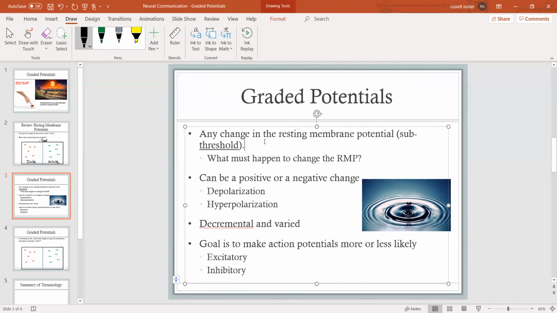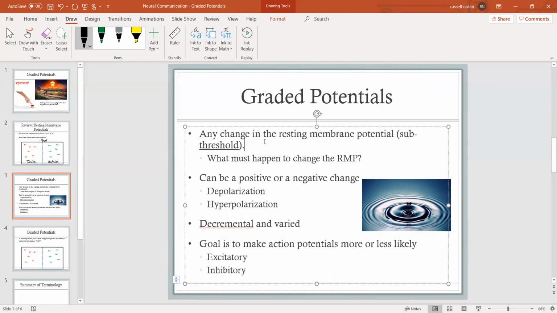So do you see the connection between each of these steps? It's sort of like riding a bike. You have to do step 1 and then step 2 and then step 3. You can't do them out of order. So when we look at a graded potential, as I already mentioned, it can be in a positive direction or in a negative direction. If it's in a positive direction, meaning moving towards 0, then we call that a depolarization.